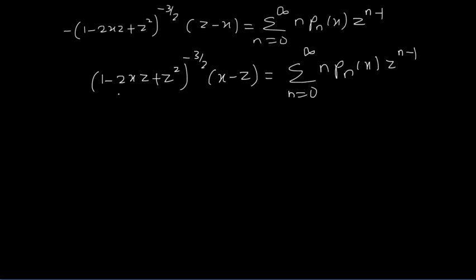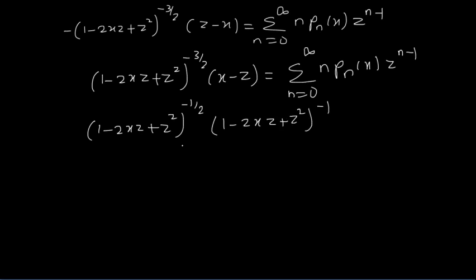Okay, so now I will write this as 1 minus 2xz plus z square raised to minus 1 by 2 into 1 minus 2xz plus z square raised to minus 1, because this minus 3 by 2 can be split, as a raised to m plus n can be written as a raised to m into a raised to n.